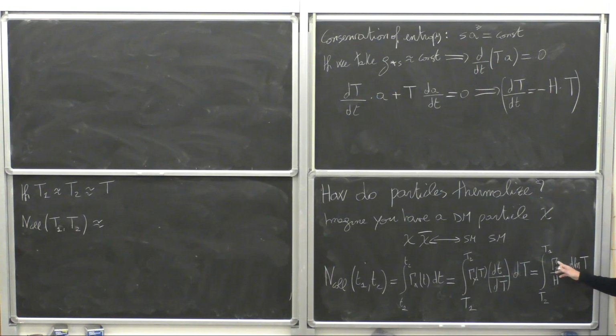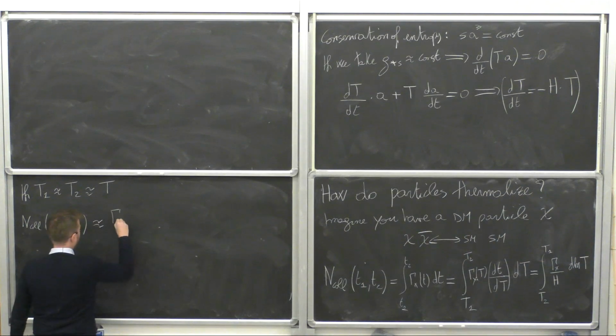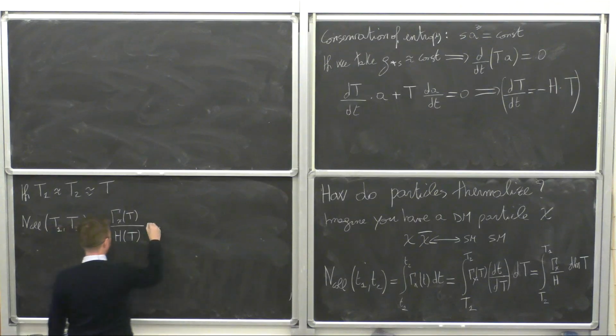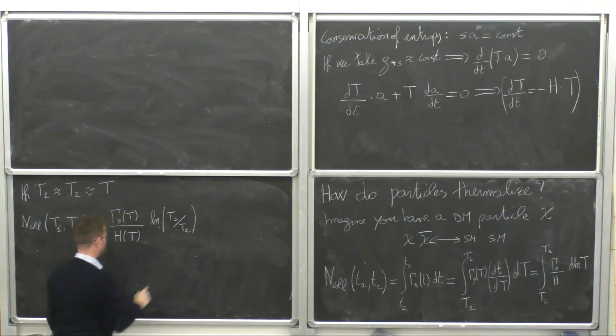So this is gamma over H, I evaluate this at the temperature T. So I get gamma chi of T over H of T. And then I do the integral, but the integral d log T is just the log of T1 over T2.